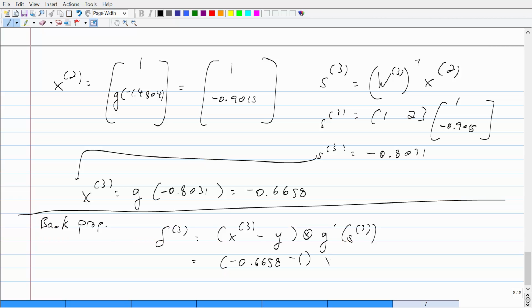Now you have to do G. We are going to do 1 minus, because remember G prime of Z is equal to 1 minus Z by itself, all squared.